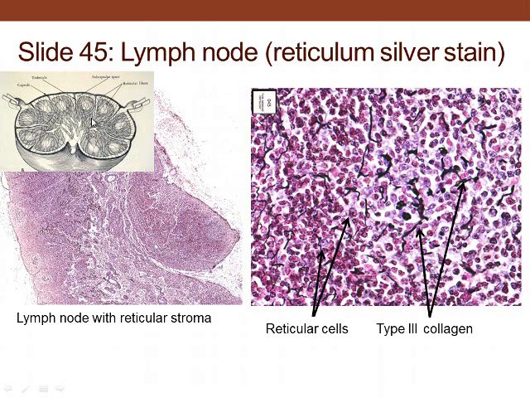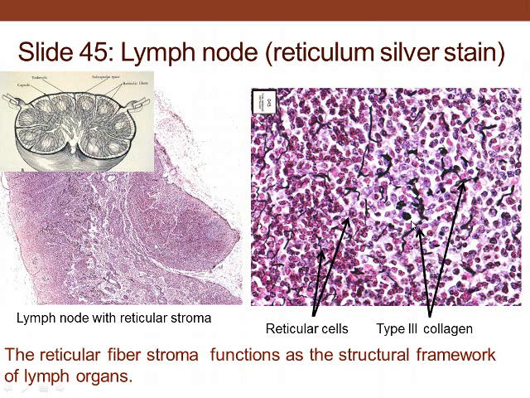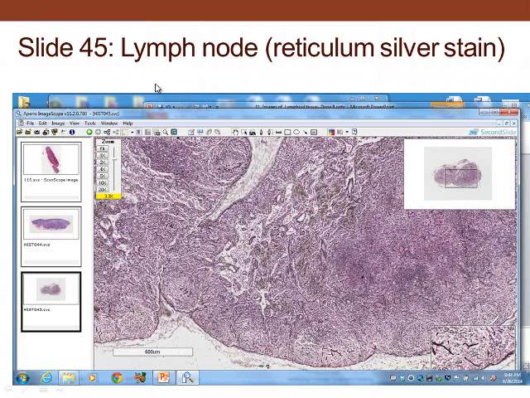As they percolate through here, they're like a ping pong machine hitting that as they percolate down through there. And then we have reticulum cells, which produce the reticular fibers. So this is a big cell with a big nucleolus and euchromatin, and then here we can see the reticular cells. And so the reticular fibrostroma functions as a structural support of the lymph node.